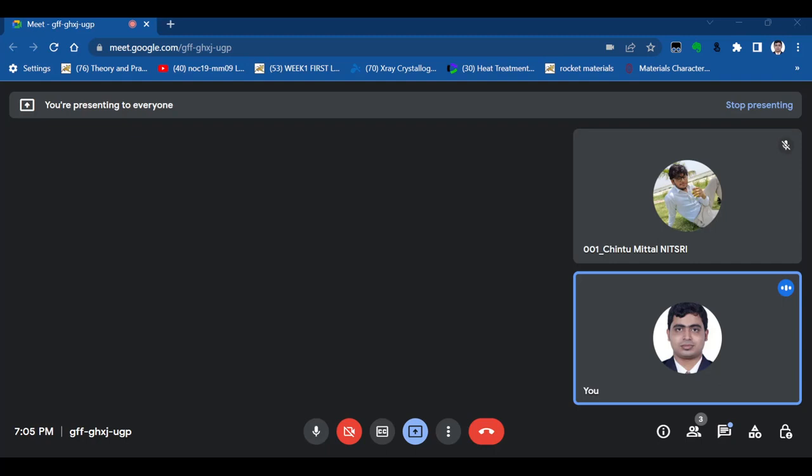Just remember these two. Any question in Tresca criteria you can solve using these two only. If it asks for yield strength, just take sigma max minus sigma min. If it asks for maximum shear stress, just divide it by 2. That's all.